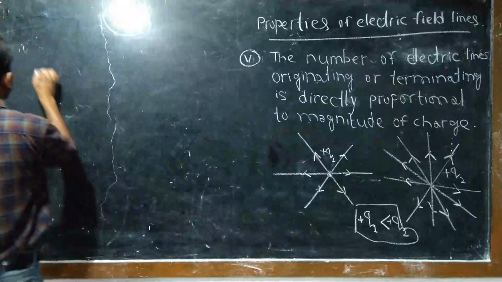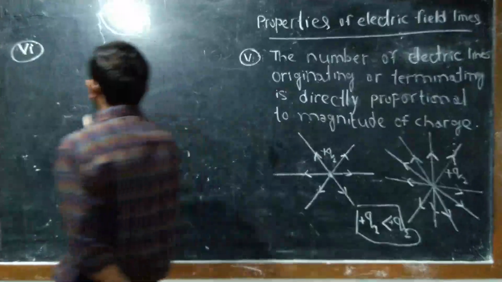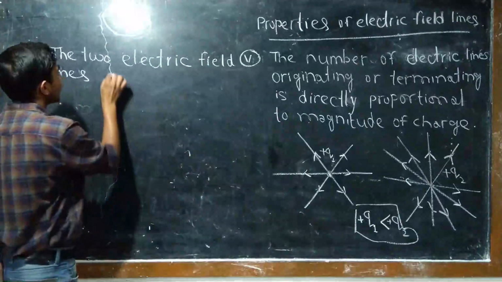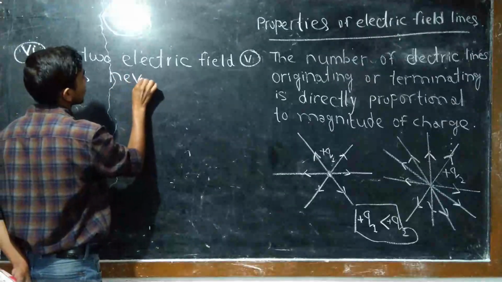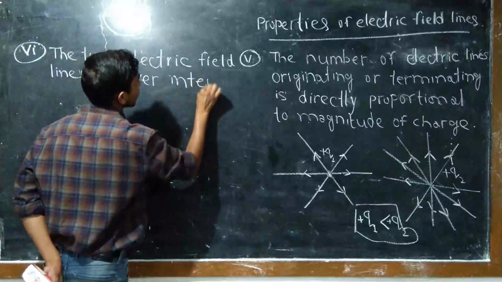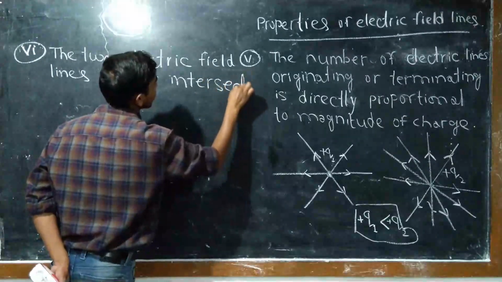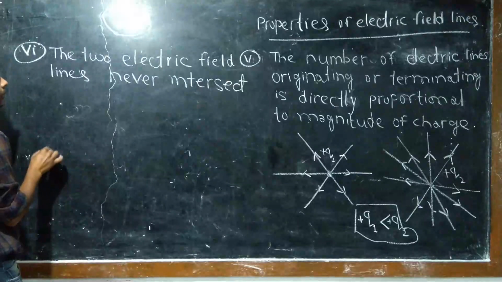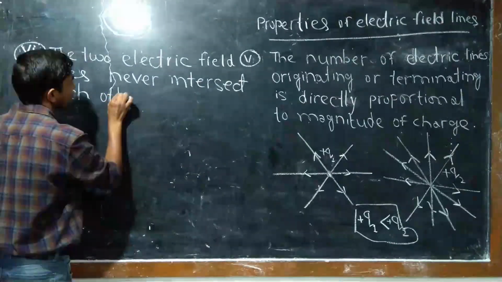Now see point number 6. The two electric field lines never intersect each other. Two electric field lines never intersect each other.